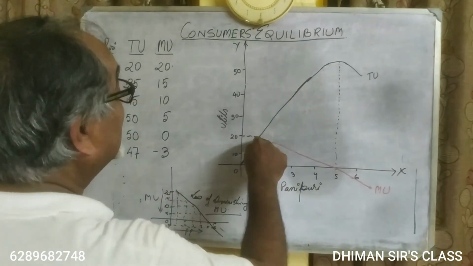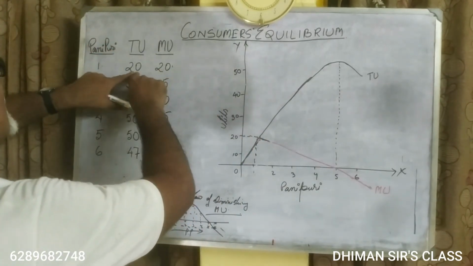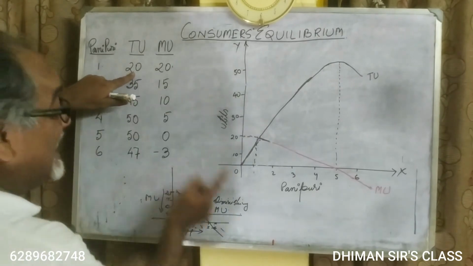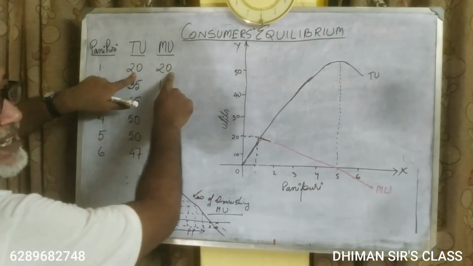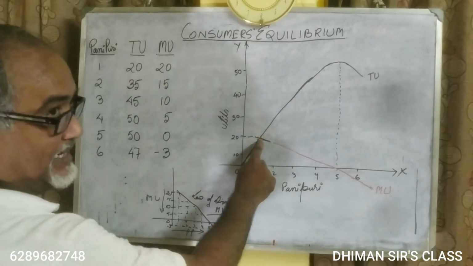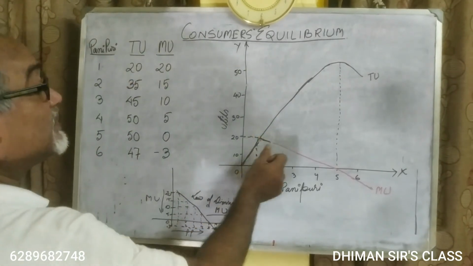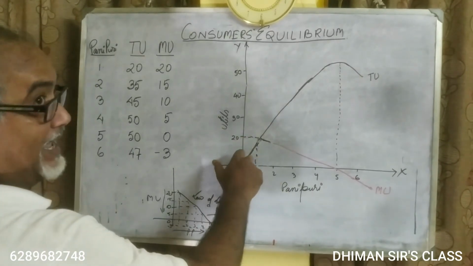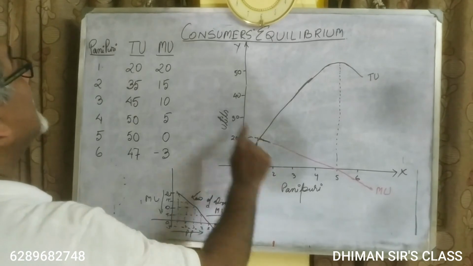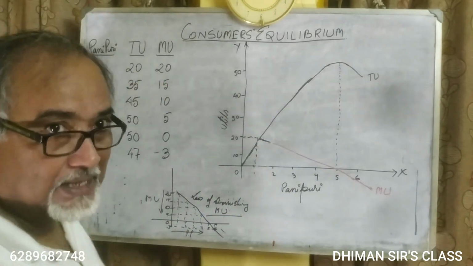Okay, and therefore my total utility is 20. Even my marginal utility curve, that is also 20 here. So both are starting from 20. Am I clear now? That is why marginal utility is starting from here, not from here, not from here also. It is starting from here because 20, 20, both are 20.